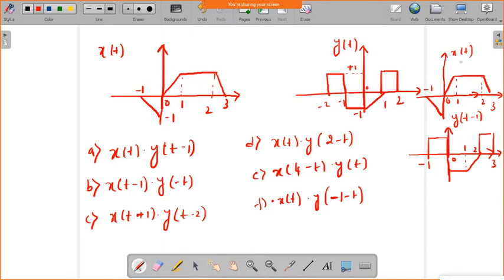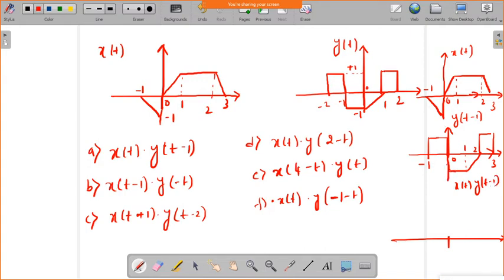That is x of t. Now we need to write the resultant, that is x of t into y of t minus 1.